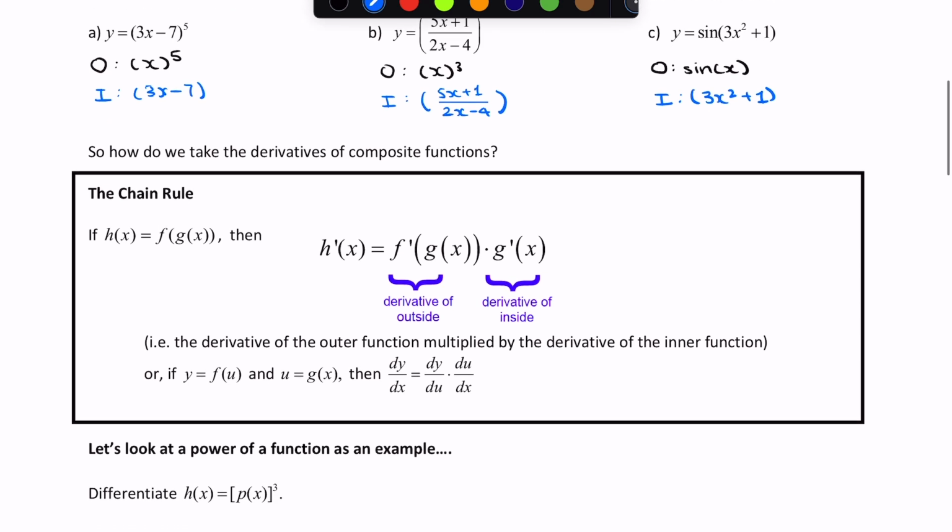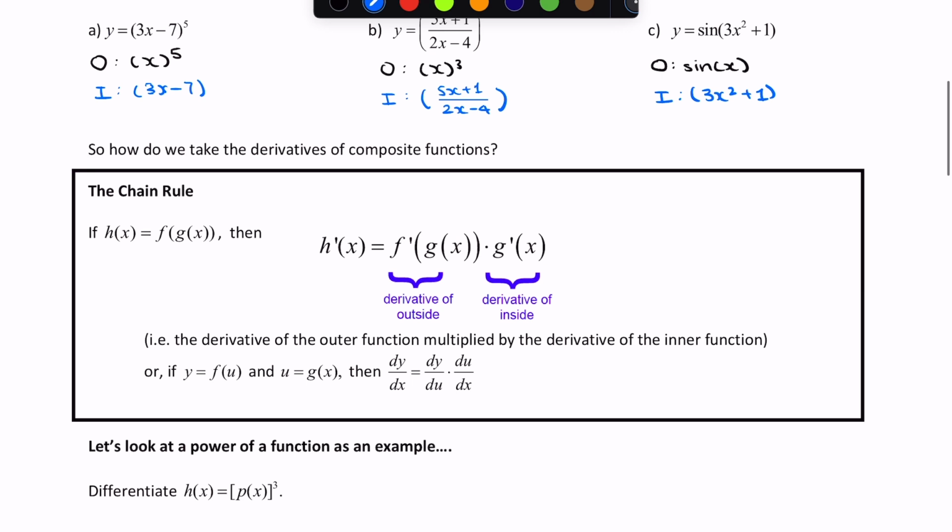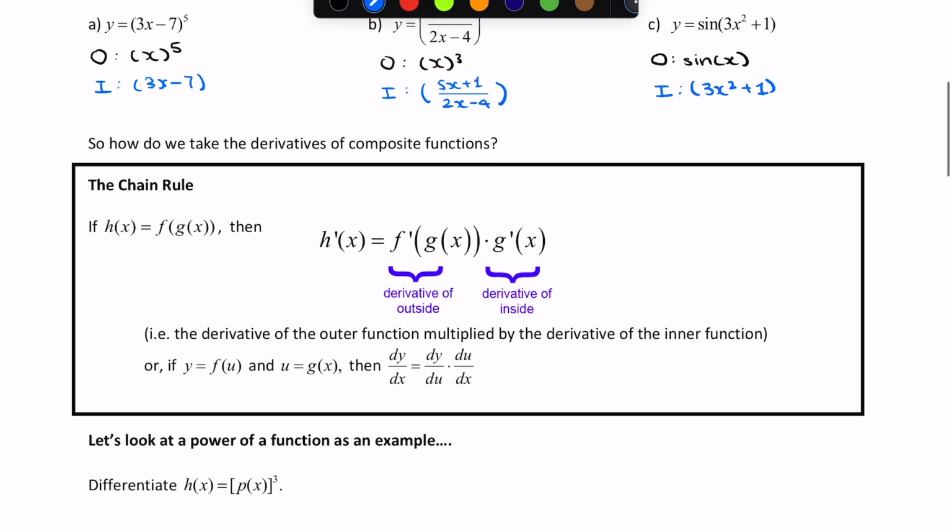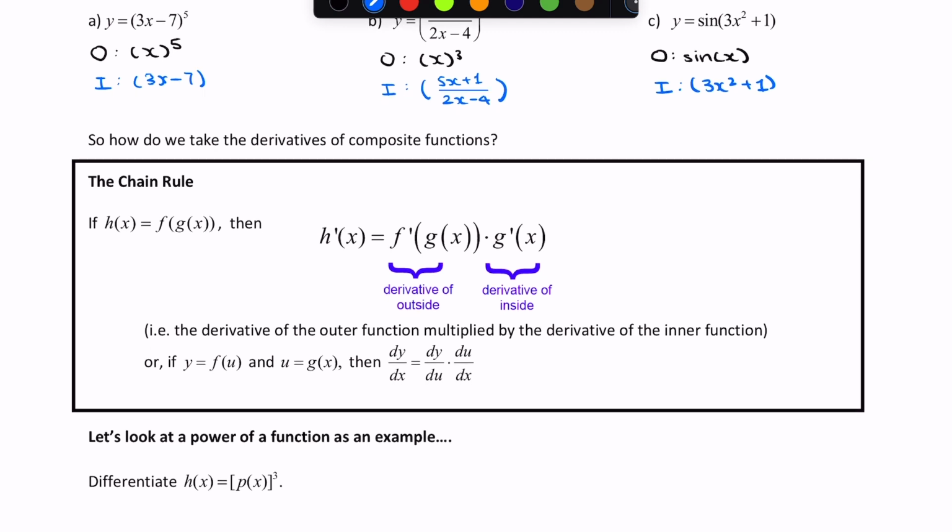Or again, if y is equal to f of u and u is equal to g of x, then dy over dx is equal to dy over du times du over dx.